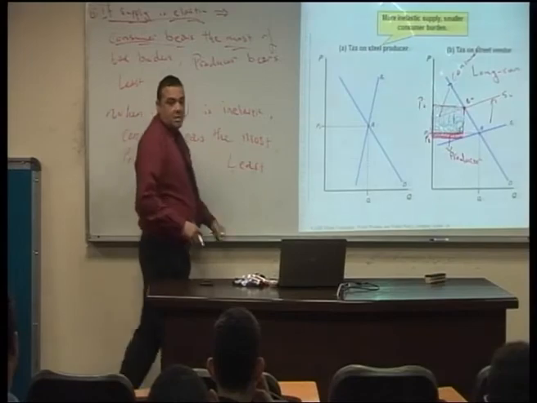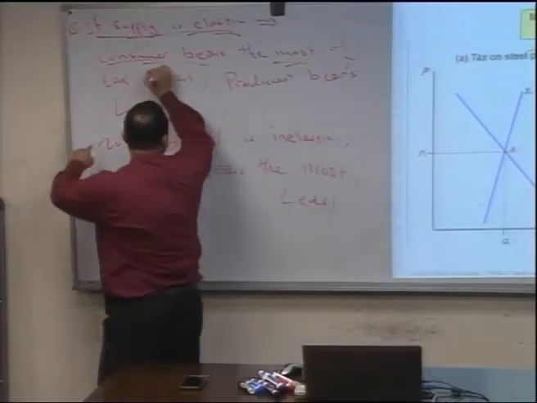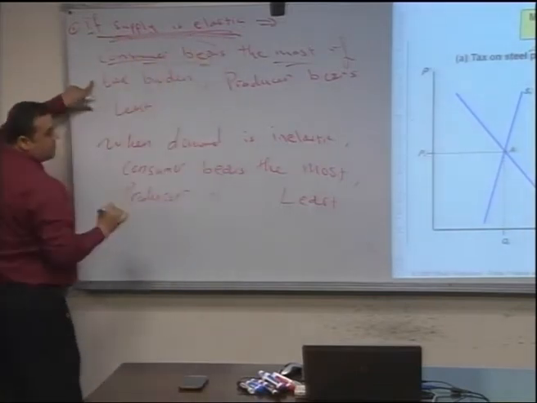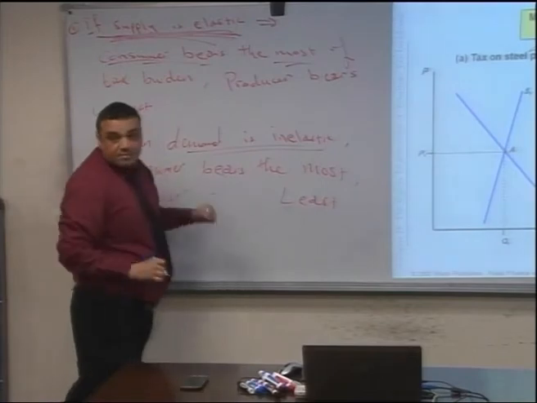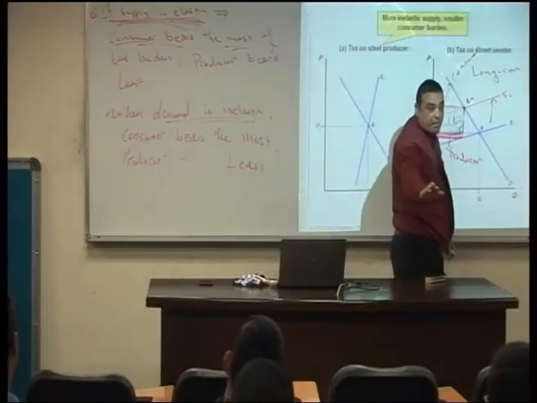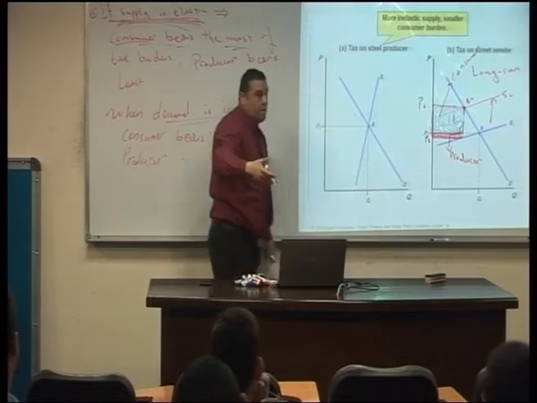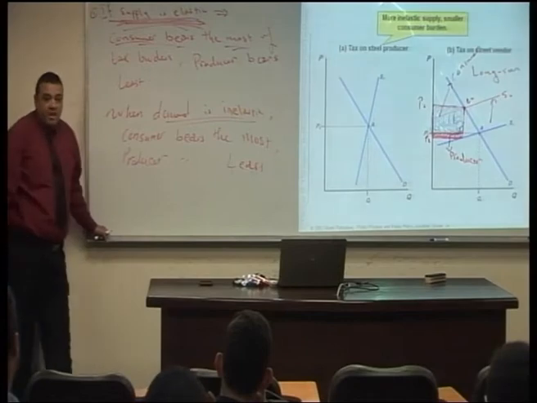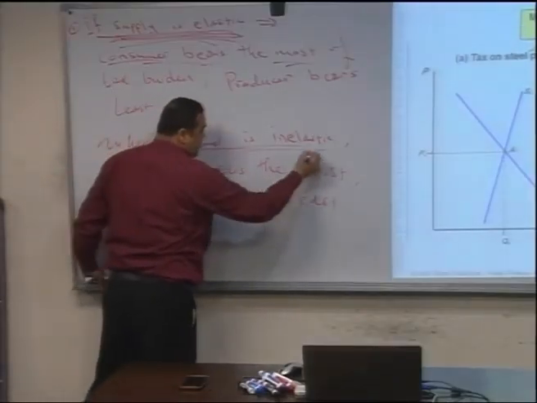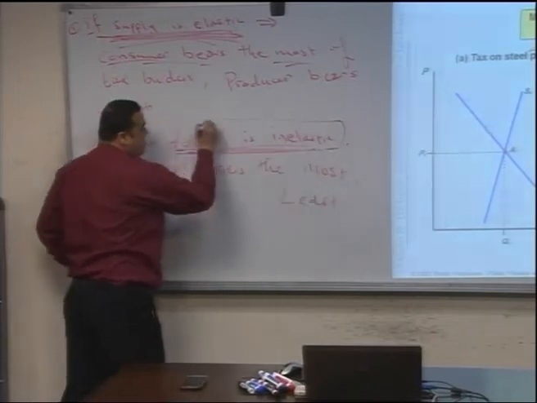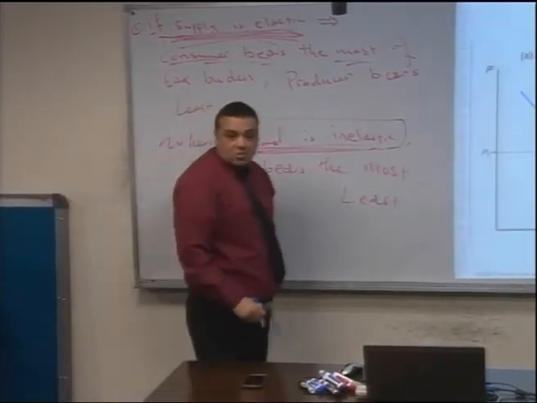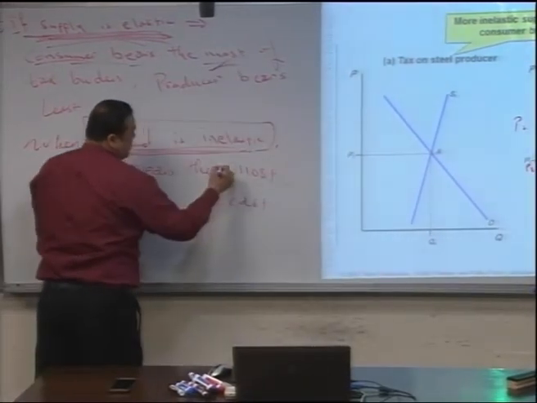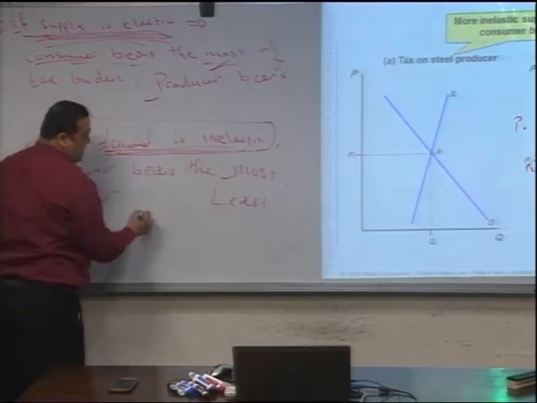So, in the effect of tax incidence, elastic supply equals inelastic demand, because in these two cases the consumer pays the most of the tax burden and the producer bears the least.